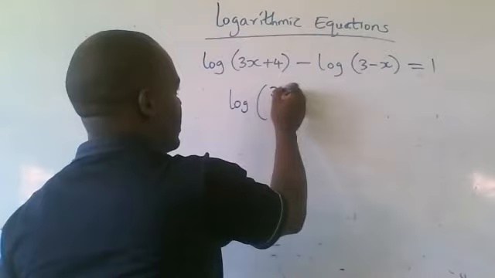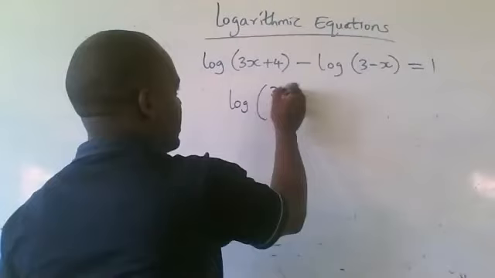And 1 is the same as what? Log 10. 1 is the same as log 10. And then we drop the logs. You don't cancel the log, but you just drop it. And then you say this is 3x plus 4 over 3 minus x is equal to 10.